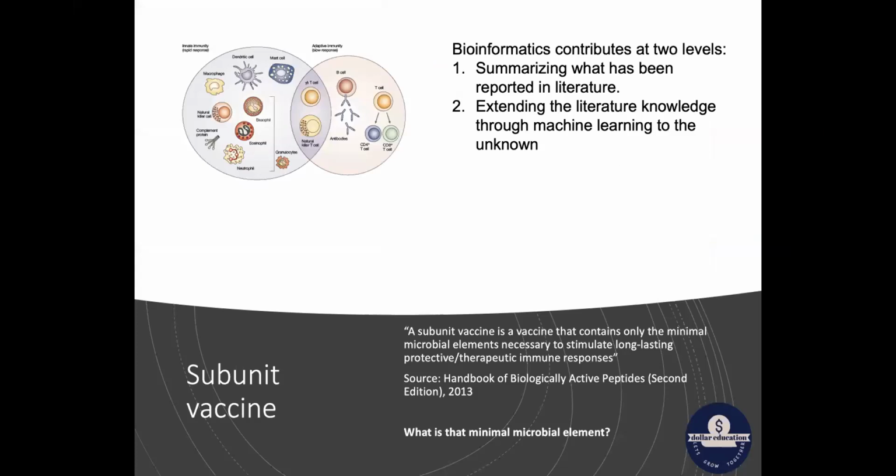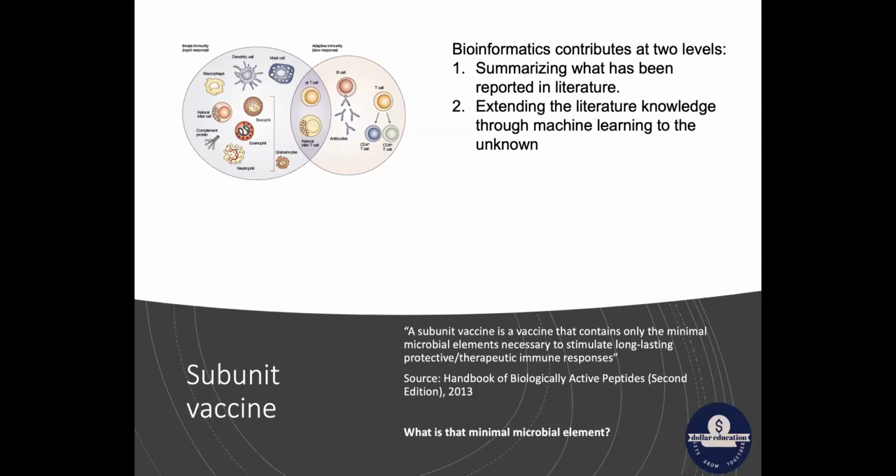All right. So as I said, there are different types of immune cells. These are the B cells and T cells, and these are the innate and adaptive immunity. This is a classical example. So bioinformatics is actually helping in these components. How? By summarizing what has been known to be recognized by B cells and T cells. What these cells recognize in a germ, what these cells are actually looking for in a pathogen. We know this because it has already been studied and reported in the literature. So bioinformatics helps in organizing that data.